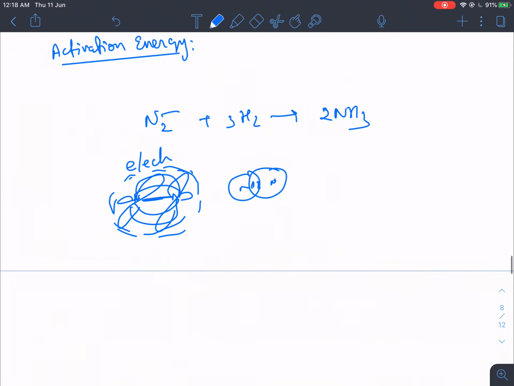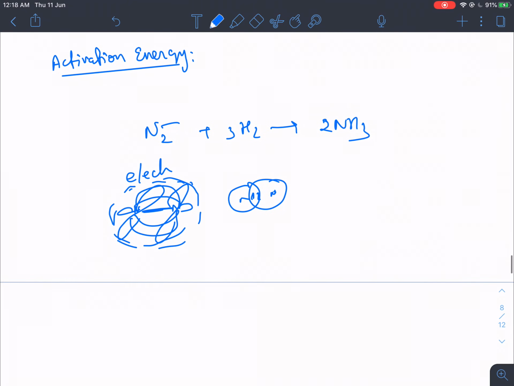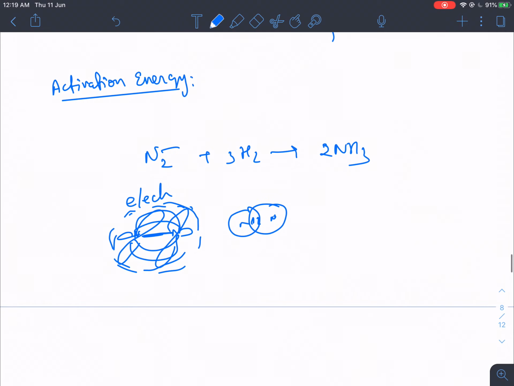So activation energy. Then if I have to show it, how should I show it on a reaction coordinate? You can say that if a reaction is going on, here is the reactant, and suppose here the product is there. Right now I'm talking about an exothermic reaction.